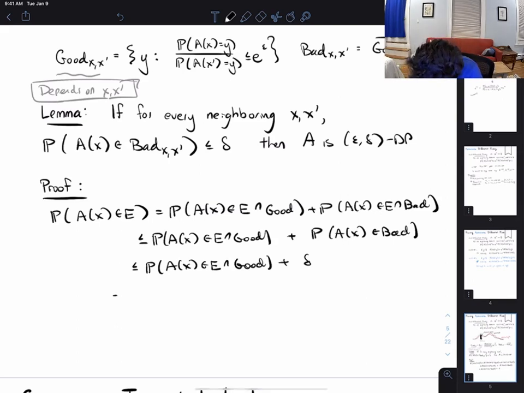For the first part, if we only look at elements in the good set, let's write this probability as the sum over all of the Y's that are good.